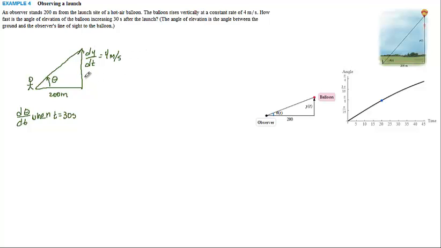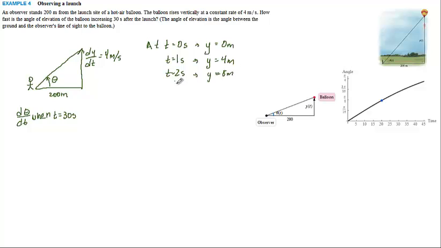Alright, so let's look at this y value here. I see I have a triangle. At t equals 0 seconds, y is 0 meters. At t equal 1 second, y is 4 meters. At t equal 2 seconds, y is 8.